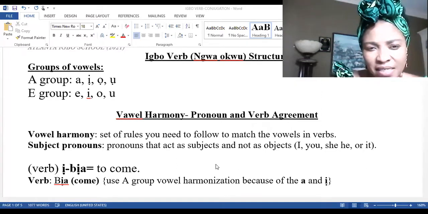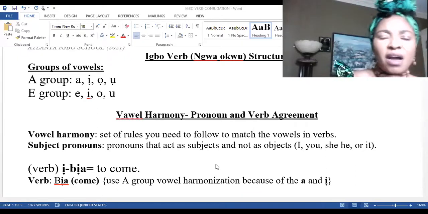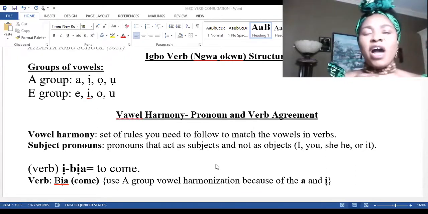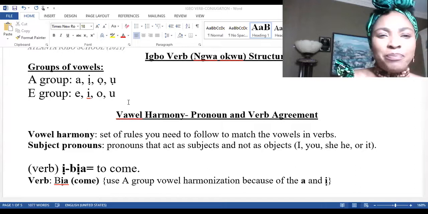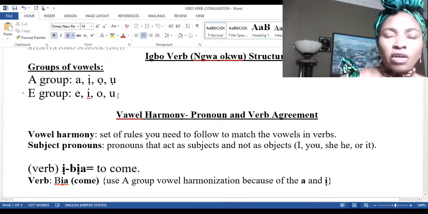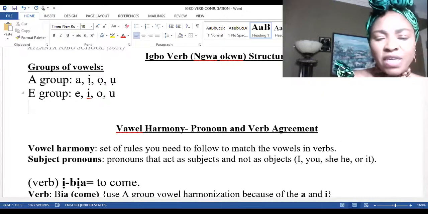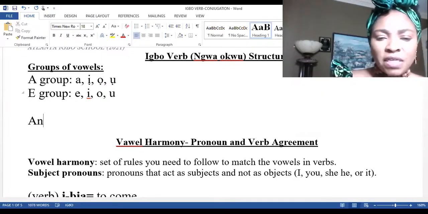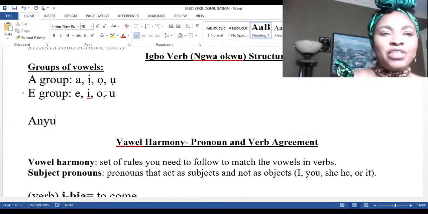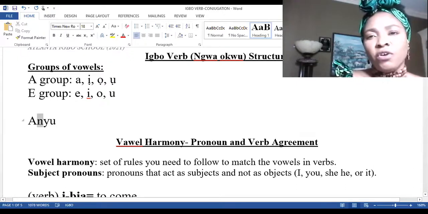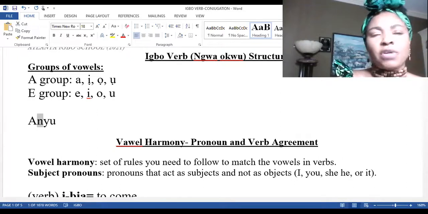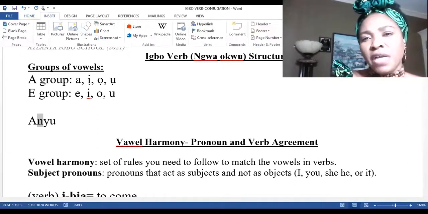What's pumpkin or squash in Igbo? Okay. Pumpkin or squash is called añọ. I'm going to write it below here. Añọ. The N should have a dot on top, and the O should be dotted as well.